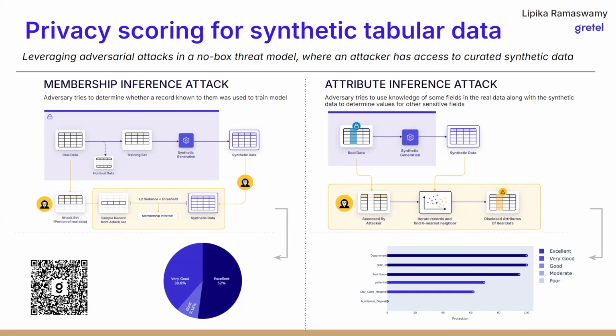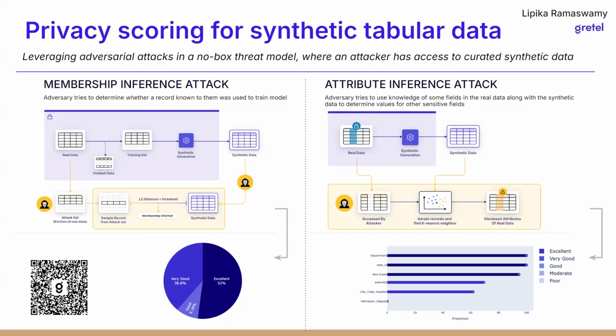But we need to think about empirical privacy metrics, right? It's what Christine set us up to think about in our work as we're developing algorithms and as we're implementing them. So a couple of things that we've done at Gretel. One is implement a membership inference attack, and the other is an attribute inference attack.